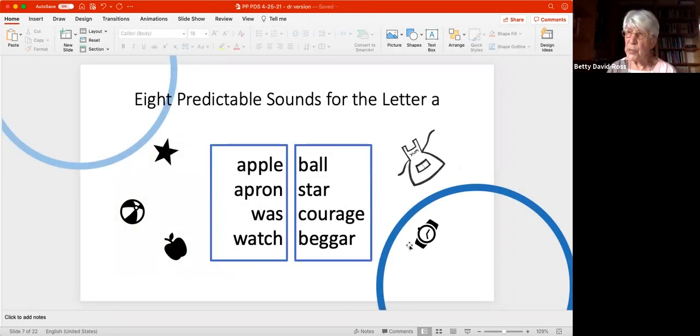I'm going to give you an opportunity to practice this listening skill. According to the most advanced and detailed phonics programs, there are 8 predictable sounds for the letter A. I know. These are predictable, regular spellings. Okay, so the A in apple, anybody who's had any phonics knows that sound. Also with apron. But what's the A sound in was?